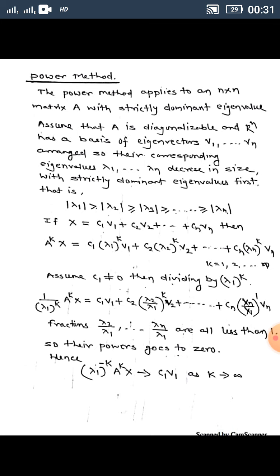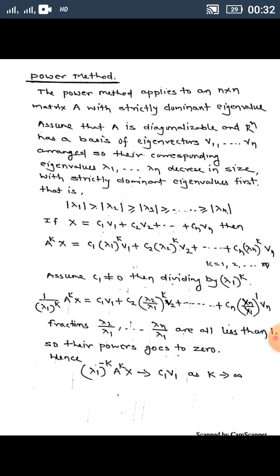Assume that C1 is non-zero, then dividing by lambda 1 raised to k, we get 1 upon lambda 1 raised to k, A raised to k x is equal to C1 v1 plus C2 lambda 2 upon lambda 1 raised to the power k v2 plus so on Cn lambda n upon lambda 1 raised to the power k vn.